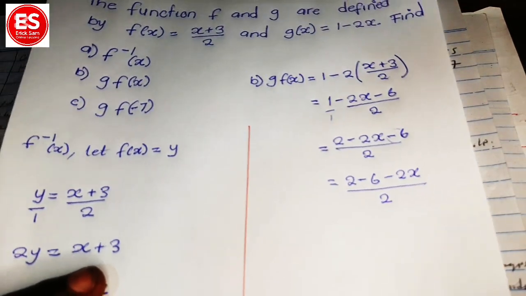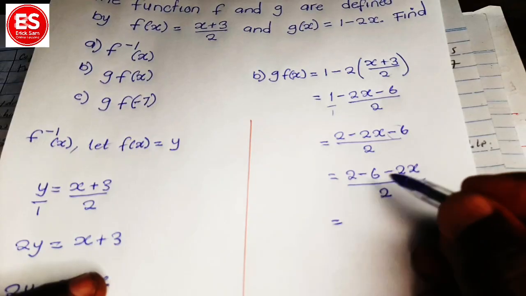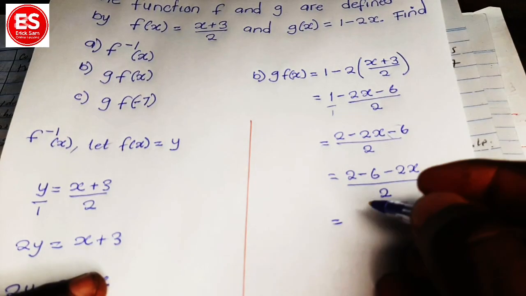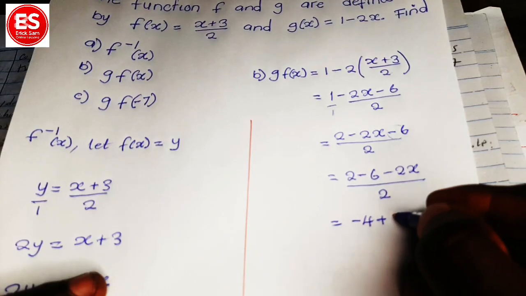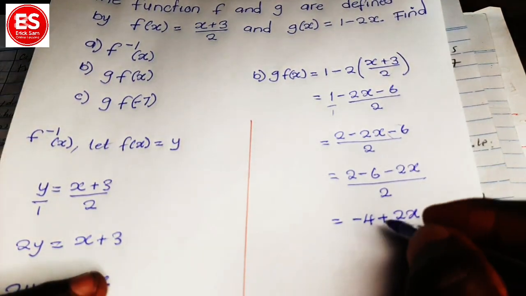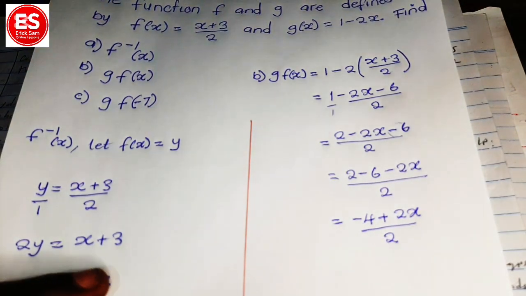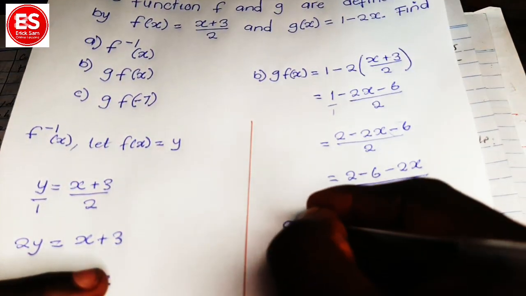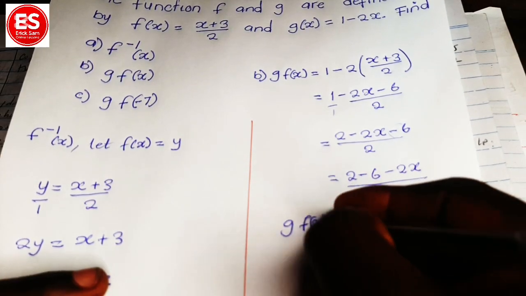Then from there, 2 minus 6 is going to be negative 4 plus 2x. So from there, you say divided by 2. All right, so that is g f of x.